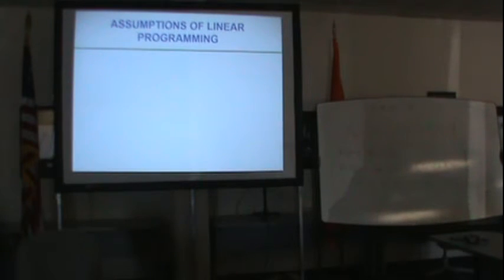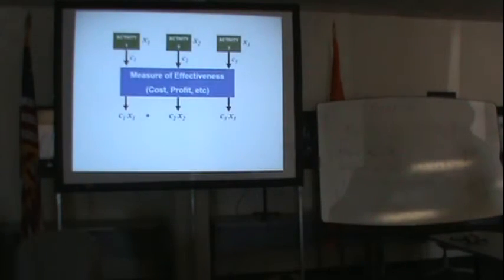And then let's look at some of the assumptions of linear programming. Okay, let's look at this one, for example. Okay, that assumption is a pretty important one. If the contribution for x1 equal to 1 is C1, then the total contribution when the activity is set at x1 should be C1 x1.